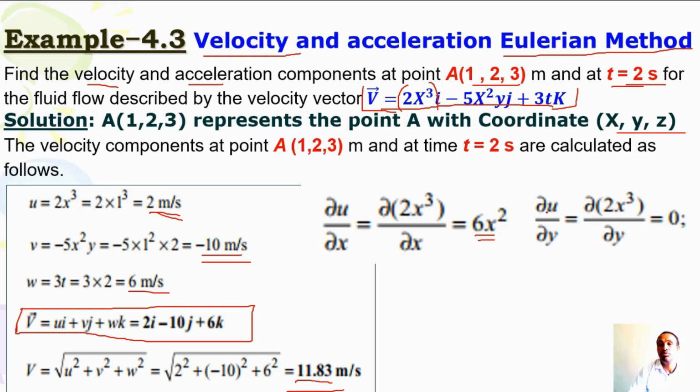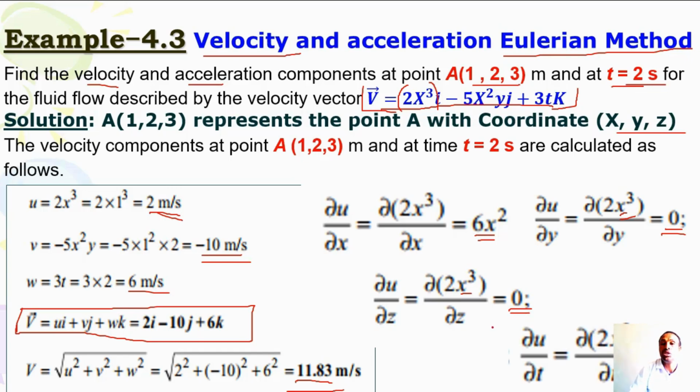Then del u with respect to y: there is no y here, so it will be 0. And del u with respect to z: we are differentiating u with respect to z, and there is no z variable, so it will be 0. Then del u with respect to t: differentiating 2x cubed with respect to t, there is no t variable, so it will be 0.